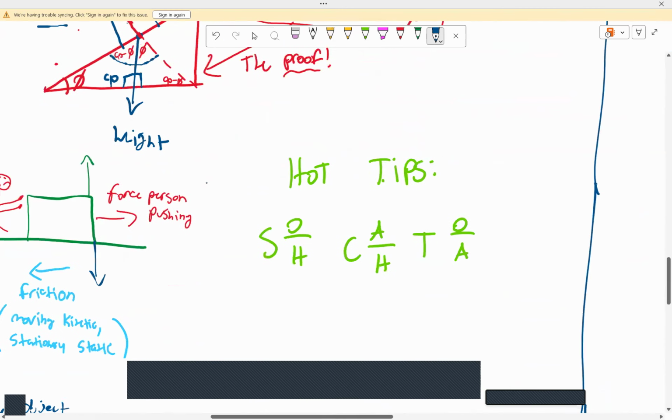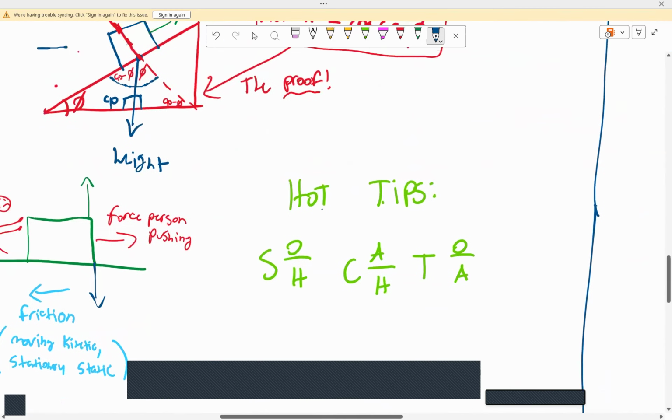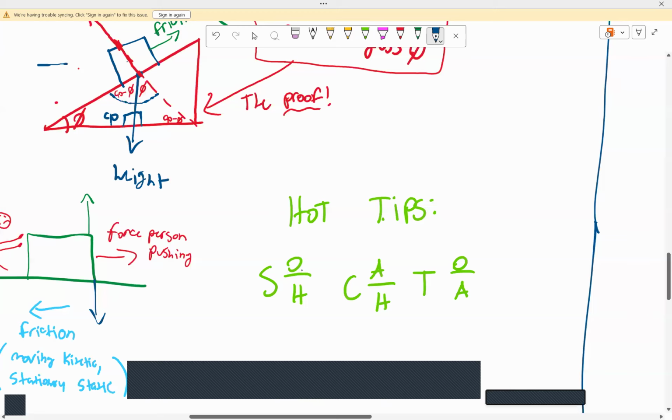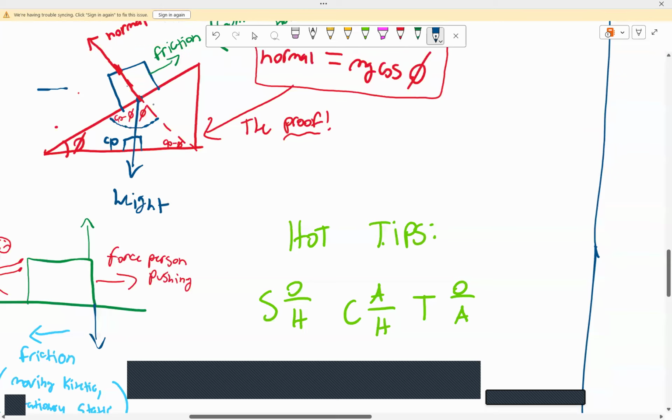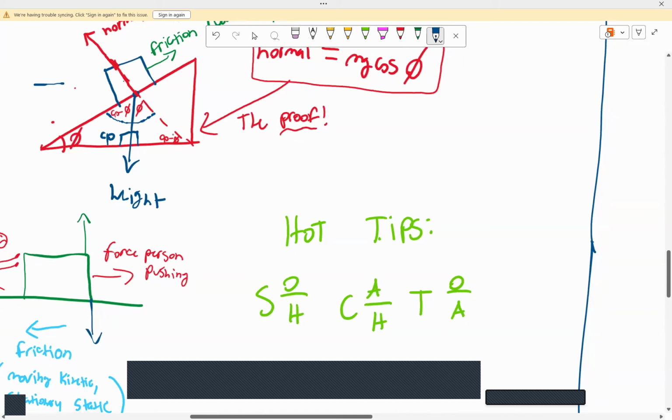And then you have SOHCAHTOA, which is kind of what I was talking about. So you have sine, opposite, which is over here, over your hypotenuse, which would be, for example, in this case, the normal force, the imaginary normal force that goes into the angle. Then you have cosine.